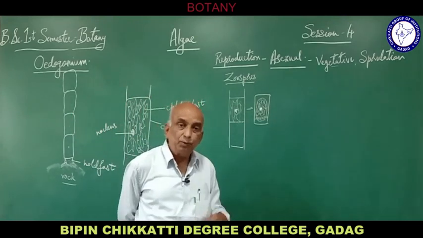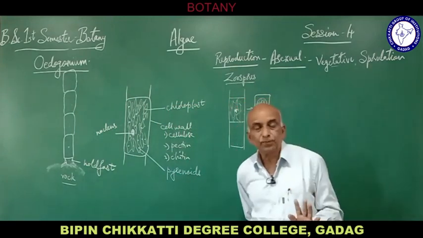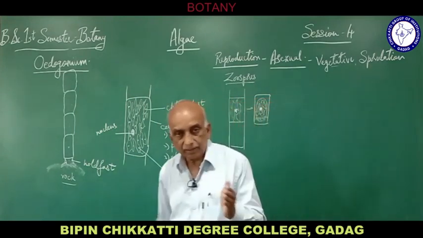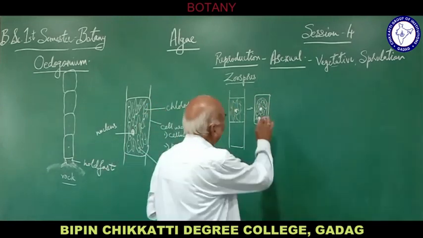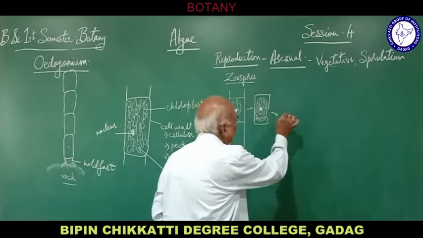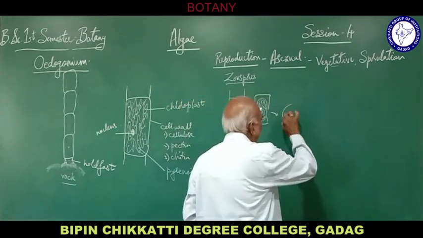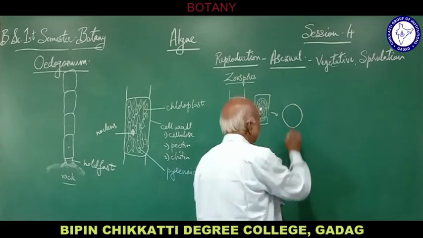Sometimes one or two rings of flagella are formed at one end of this structure, and by the rupture of the cell wall, this zoospore gets separated.